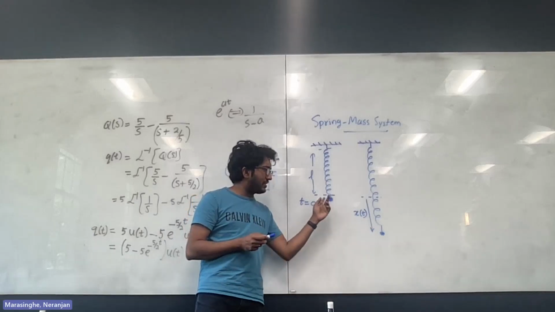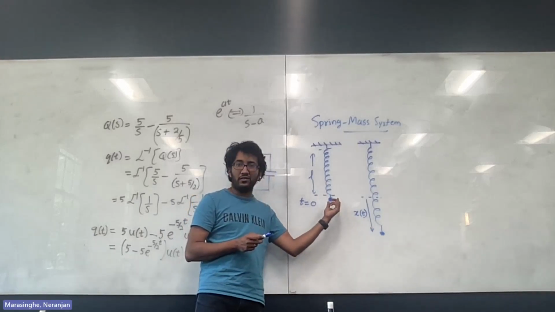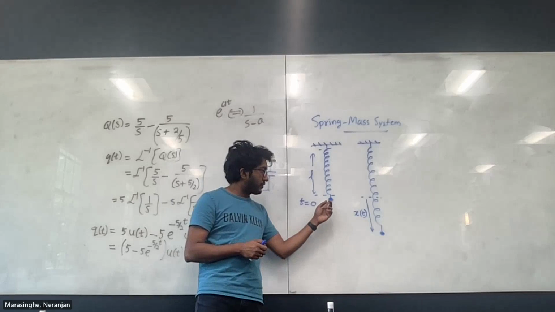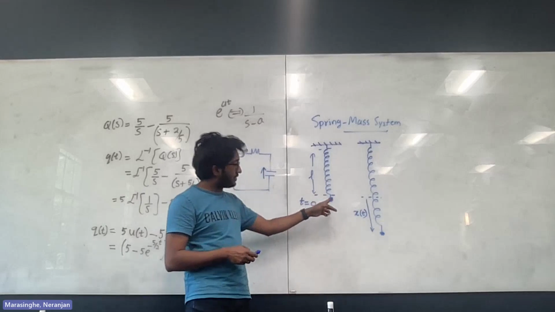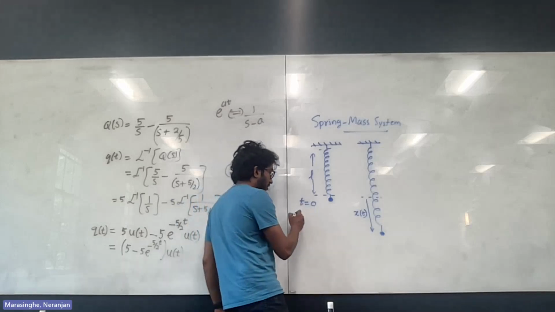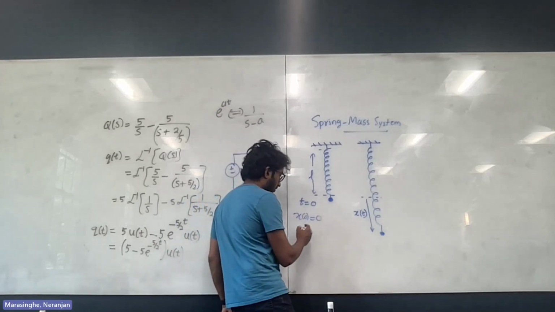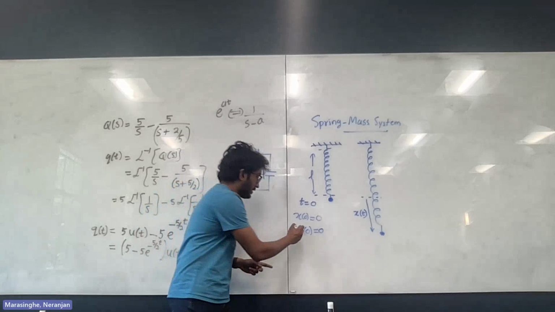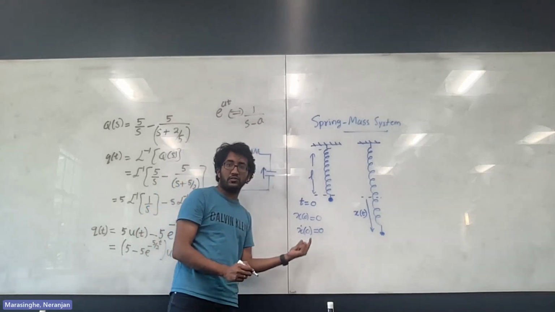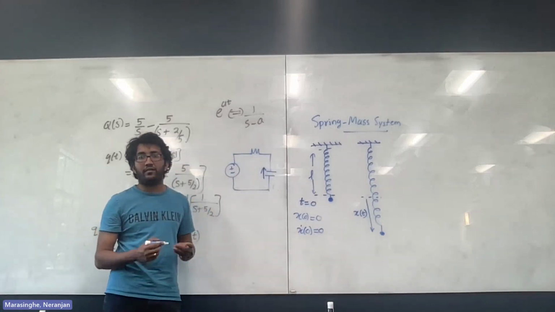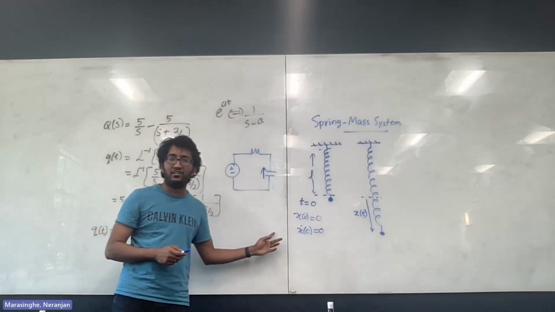What is the velocity at this point? It's 0. In this case x equals 0 and velocity is 0, right? So at t equals 0, x(0) equals 0, and velocity x dot (0) is also 0. I hope you are familiar with this dot notation. In physics, a dot is used to represent the first derivative, and a double dot is used to represent the second derivative.